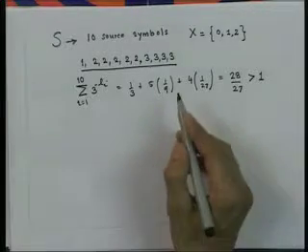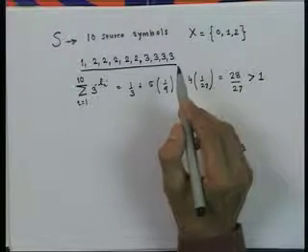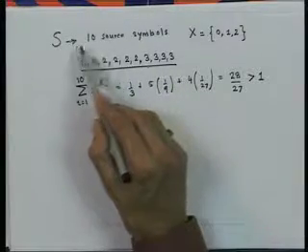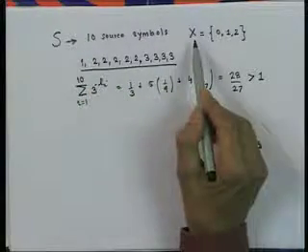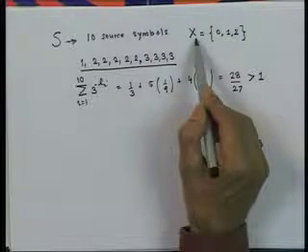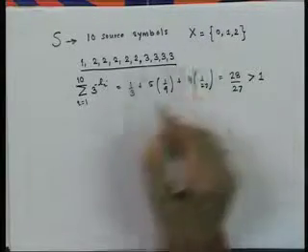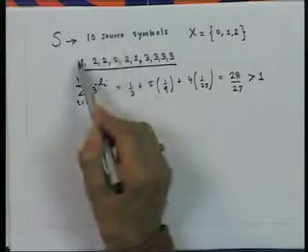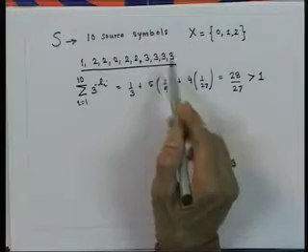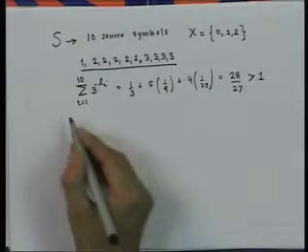So, what it means is that I cannot design an instantaneous code for this source with this code alphabet where the code word lengths are given by this set. It is not possible. So, let us take another example.